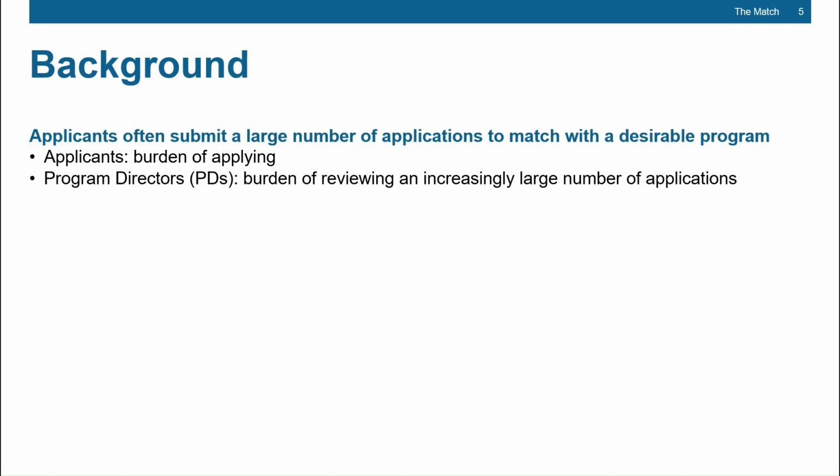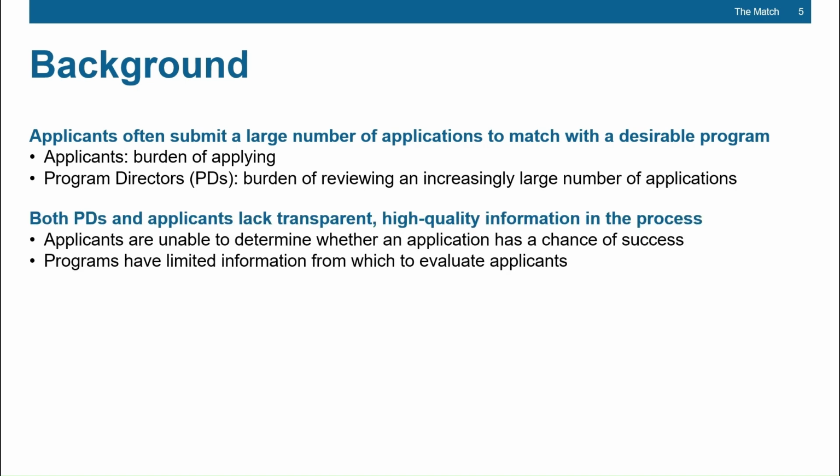Meanwhile, program directors must review an increasingly large number of applications. We know that both program directors and applicants lack transparent, high-quality information that may inform decision-making. In fact, many of the proposed solutions, for example, application caps, interview caps, and even preference signaling, place additional strain on applicants because transparency of information is still lacking to really inform those application and signaling decisions.